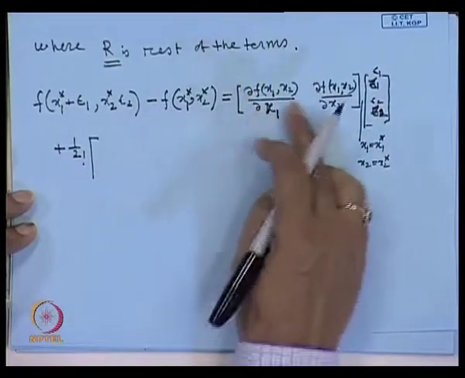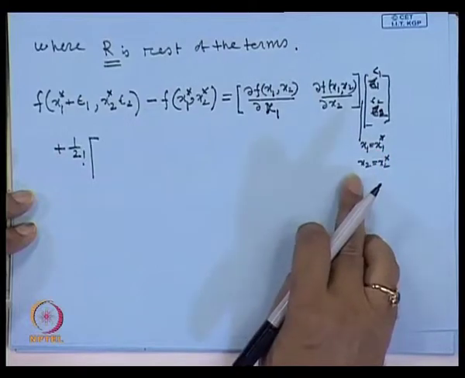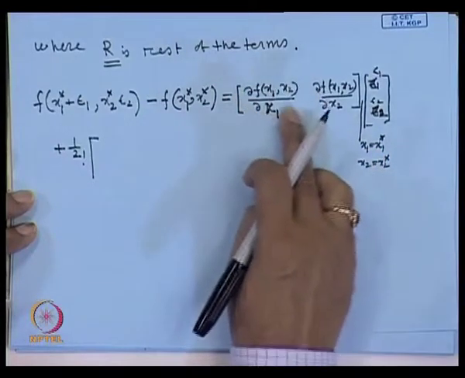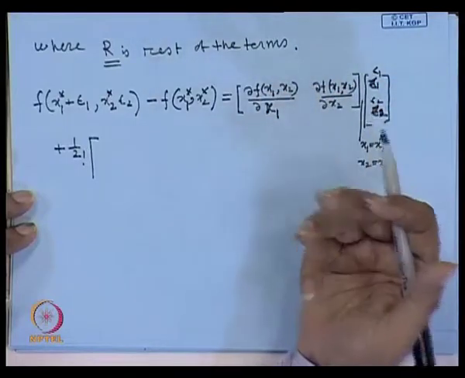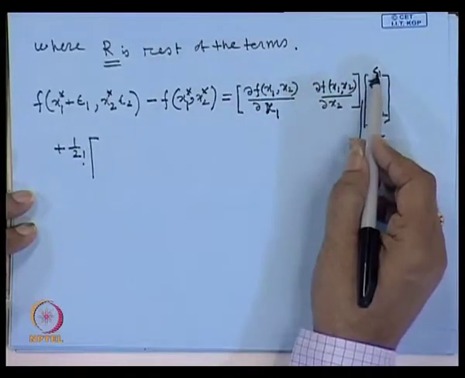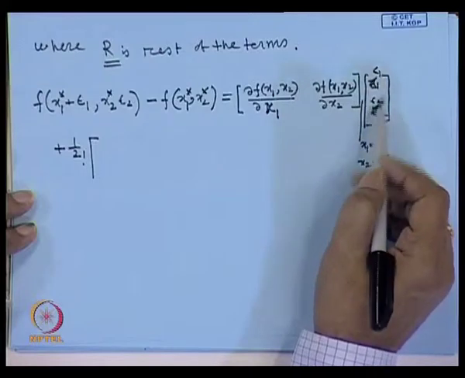Now, when you put x1 equal to x1 star and x2 equal to x2 star, this quantity you do not know; it may be positive, negative, or zero. And the perturbations epsilon 1 and epsilon 2 can be on the positive side or the negative side, since they can be on either side of the optimal point.